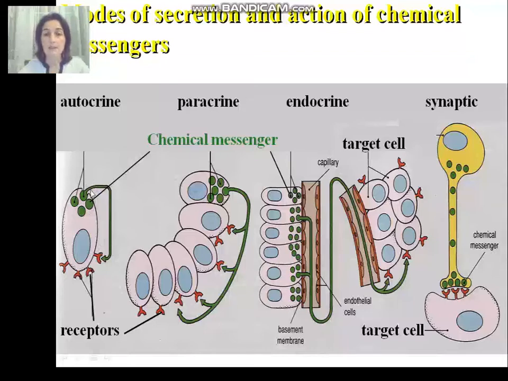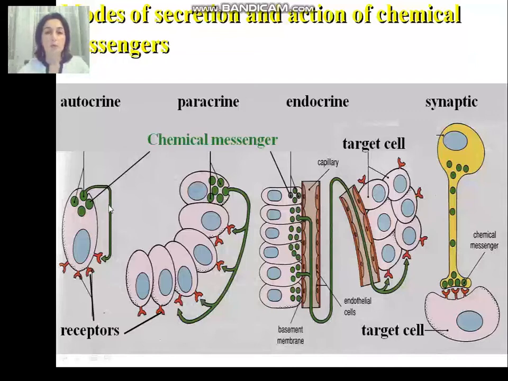In this case, the signal is a chemical messenger. The chemical messenger is produced from the signaling cell, then released from that cell, and it goes to its target where it binds to its receptor.